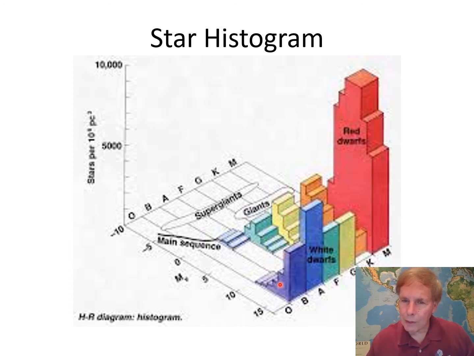What's interesting is the white dwarfs are quite common in the galaxy. And remember, these are stars that are not burning anything. This is a stellar cemetery for sun-like stars. And that's, of course, why there are so many of them, because there are a fairly large number of sun-like stars. When they die, they all go down here into the white dwarf area to live, or to whatever they do in cemeteries. Okay, so there you go.